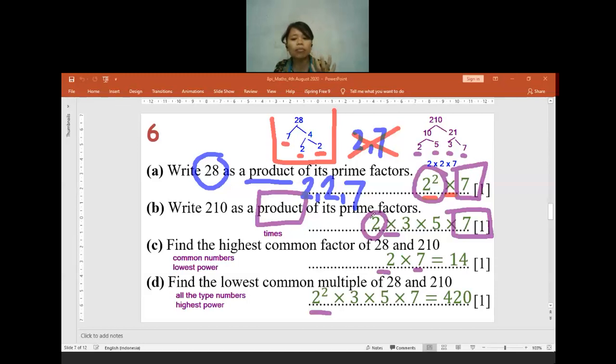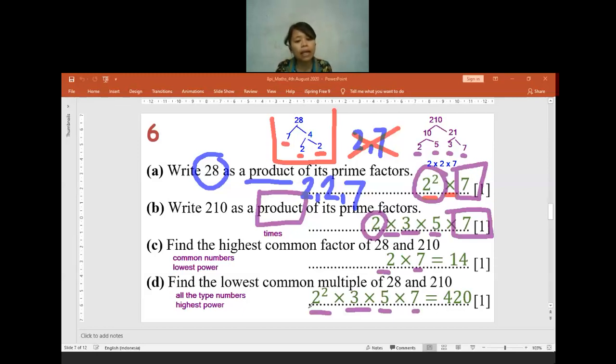It's not only number 2, there is number 3. So I take number 3 even though it's not common, because I have to take all the types. So I take number 3. There is number 5, so I take number 5. And the number 7 is common on the 28 and 210. I have to take the highest power. Since they are the same, so I just take 7 one time.